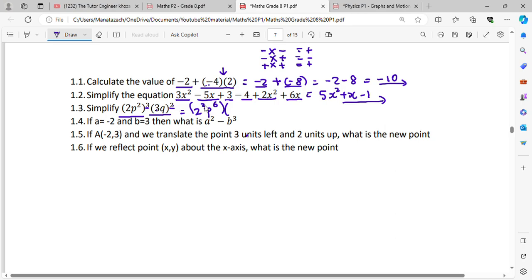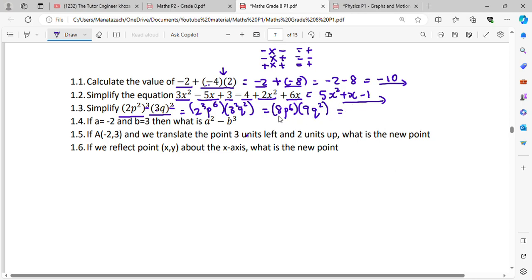You're first going to have 3 squared, and then we have q squared, then you close the bracket. So this can be further simplified as 2 cubed is 8, and then p to the power 6, that will be the first bracket, and then 3 squared is 9, then q squared.